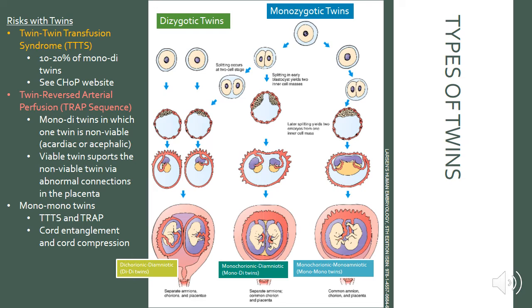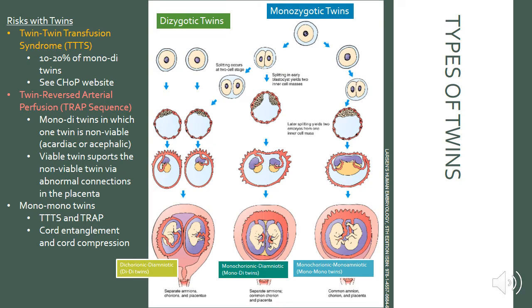So what they're showing you in the picture here is that if it occurs at roughly the 2-cell stage, you get 2 embryonic cell masses, 2 babies with 2 placentas and 2 amniotic sacs, and it looks very much like dizygotic twins. If it happens in the early blastocyst, you can get 2 inner cell masses, but you still just have the one placenta. 2 separate membranes, 1 placenta.